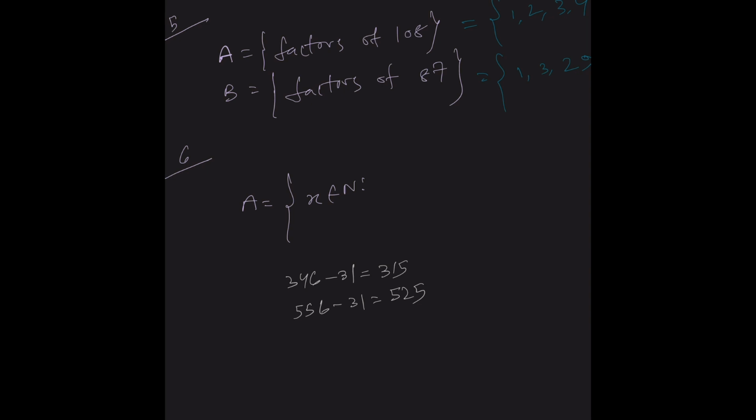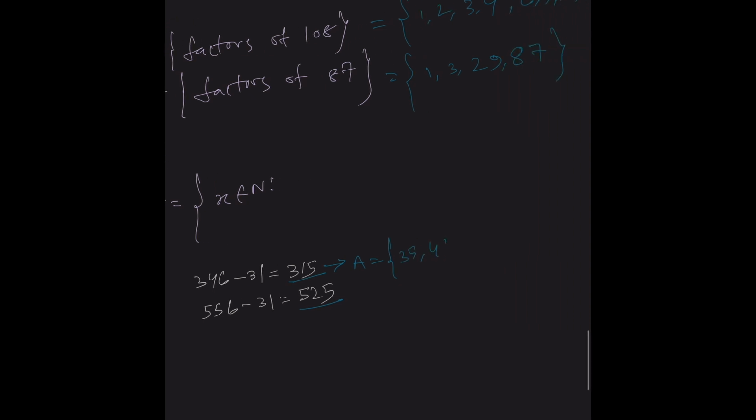Now all we have to do is find all the factors of these two numbers and see the common numbers between those factors. If we try to find the factors, say if we term that as A, we'll see that it consists of 35, 45, 63, 105, and 315.